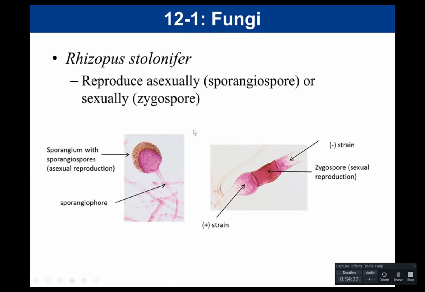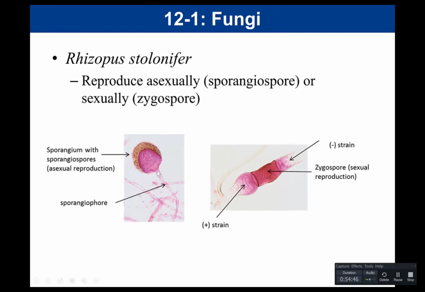So you want to know what types of spores that Rhizopus uses. The structure here is called the sporangium. And within the sporangium are a type of spores that are called sporangiospores. Those are used for asexual reproduction. And you know that because there's only one hyphae going to the structure.